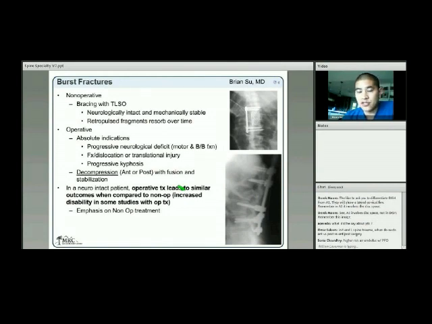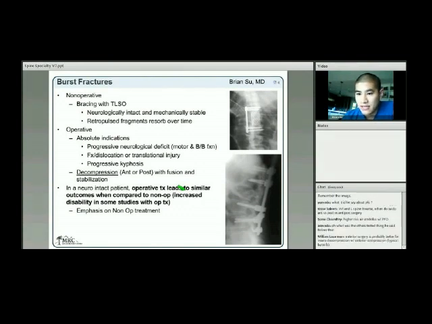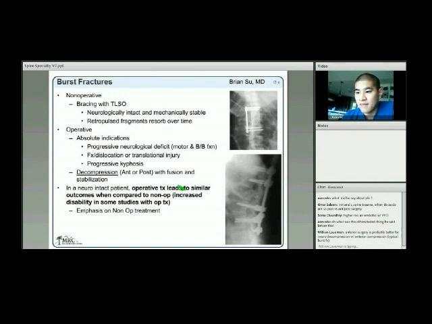I think for the in-training, the absolute indications, once again, are progressive neurological deficit, whether it be motor or bowel bladder function, a fracture dislocation, or translational injuries, and progressive kyphosis, meaning if you get an x-ray and you get another x-ray 6 weeks down the road and there is severe kyphosis over time, that is also an indication for surgery.